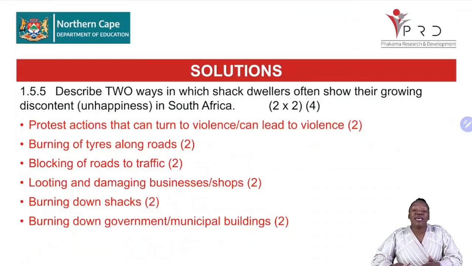As they protest, they will burn tires and throw stones in the road so that they can block the road. Some of them can even loot, because remember, those people are unhappy, they are not working, and poverty is very high. Those are amongst the things that show their unhappiness in South Africa.